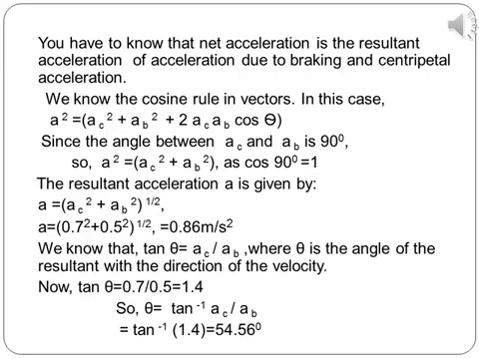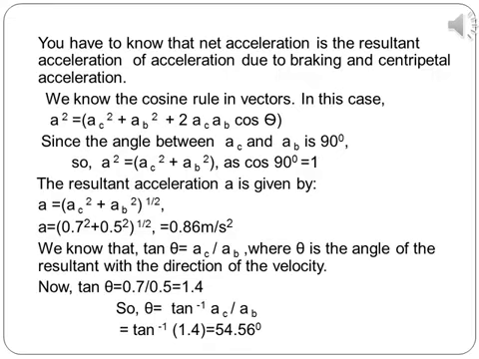In this case, what is the net acceleration? It is the resultant acceleration of acceleration due to braking and centripetal acceleration. Here, we have to use cosine rule in vectors.